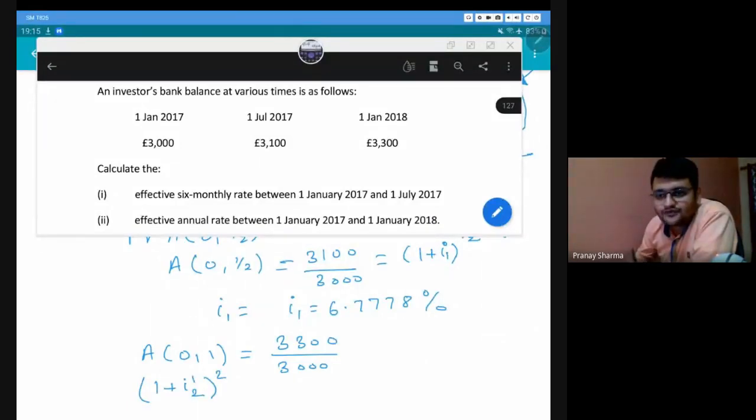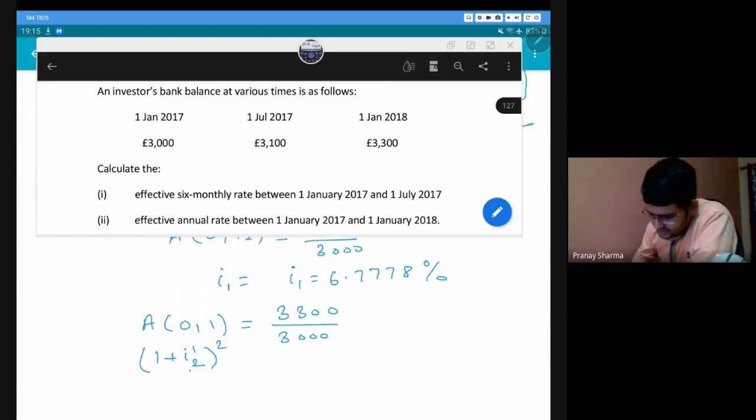This is the number of half years, because this is per half year basis. So if I is per half year basis, then n must also be number of half years. That becomes 3300 by 3000.